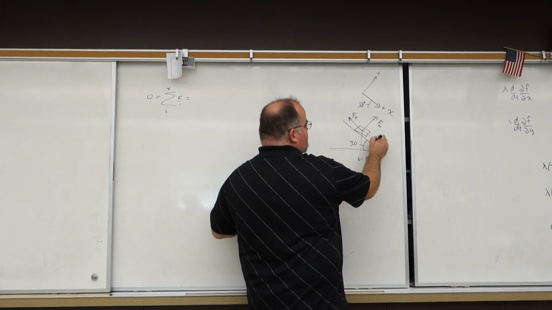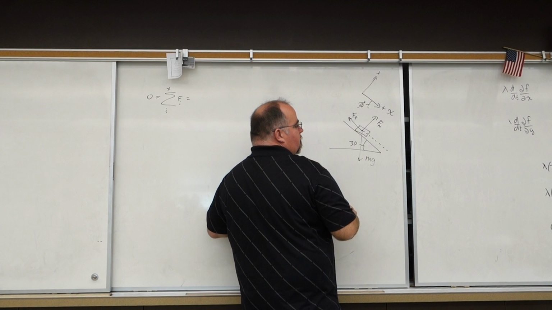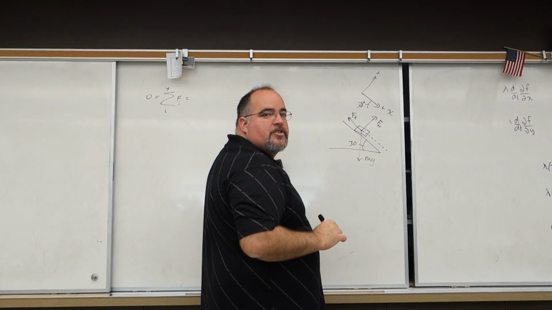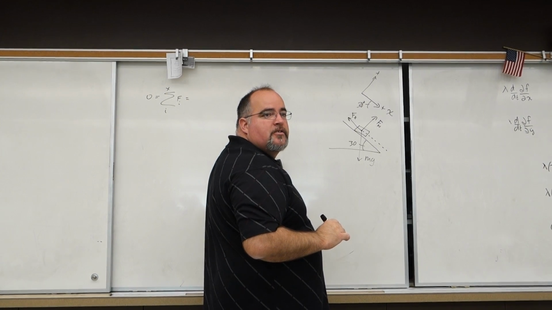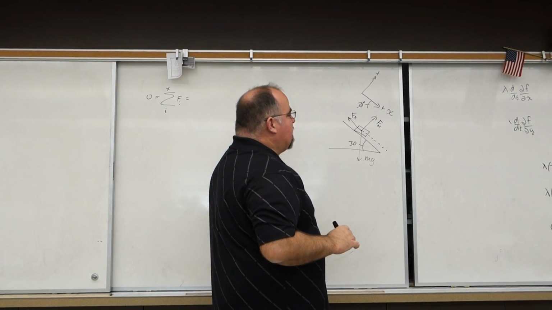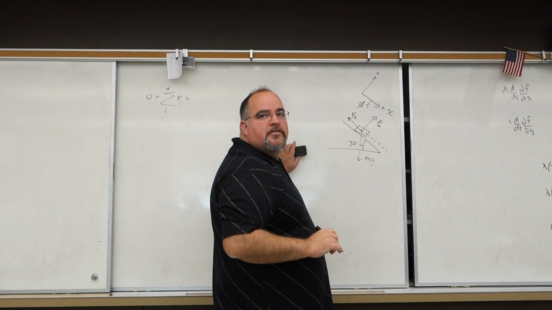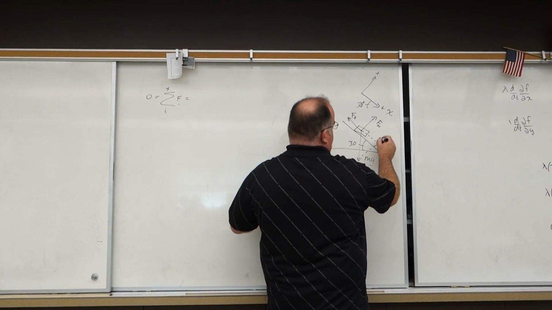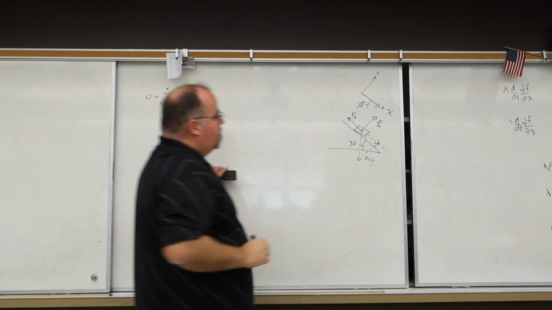What do we have a projection of? This is a vector. Can it project on X? By project, I mean it has components in X. It does. How would I solve for that?